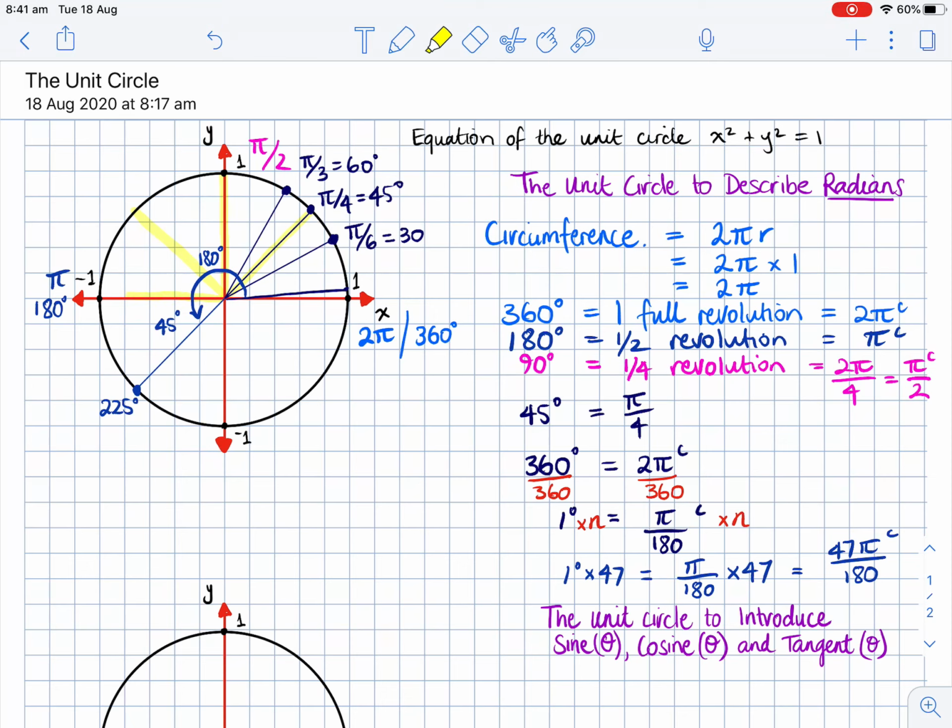Another 45 degrees takes me to 180. And then finally, I get my fifth lot of 45 degrees here. So what I can do, I can count by pi on 4s here. So this first part is 1 pi on 4, 2 pi on 4, 3 pi on 4, 4 pi on 4, and finally 5 pi on 4.